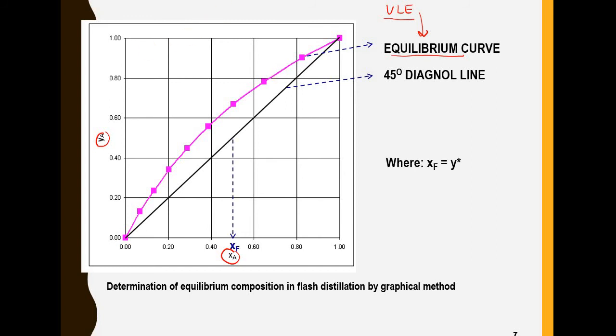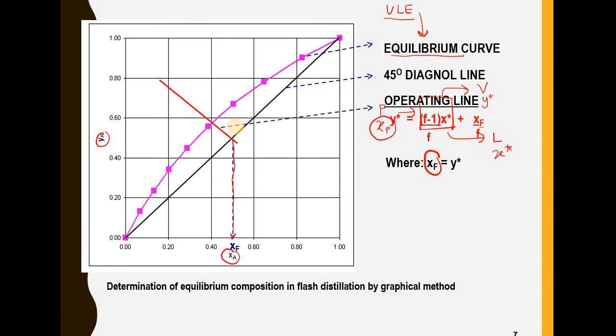From this graph, just now we have XF. Remember XF: this is the feed, this is XF, and this will be V and Y star, this is L and X star. From the XF we can plot here, and we will touch the 45-degree line.